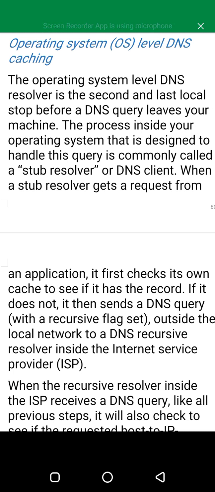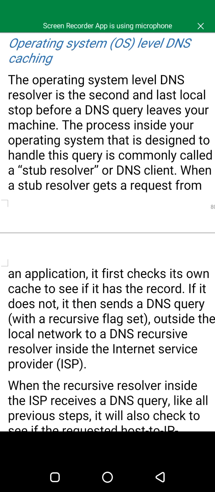Operating system level DNS caching. The operating system level DNS resolver is the second and last local stop before a DNS query leaves your machine. The process inside your operating system that is designed to handle this query is commonly called a stub resolver or DNS client.